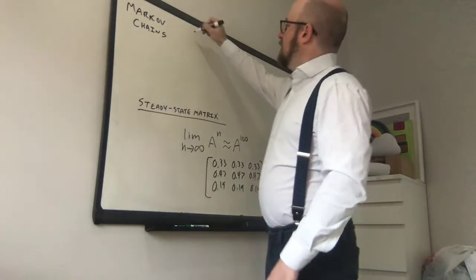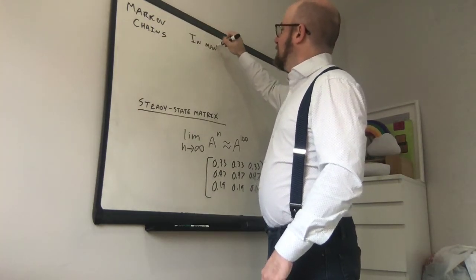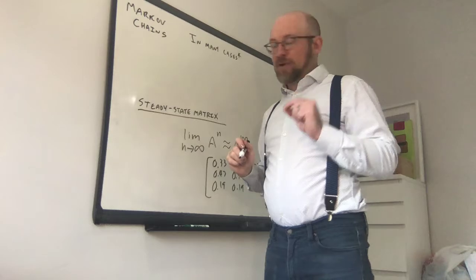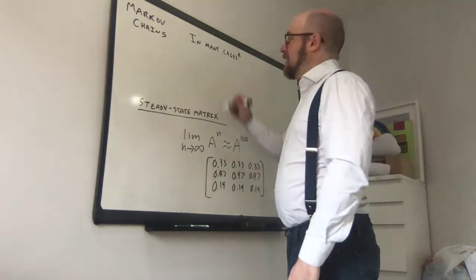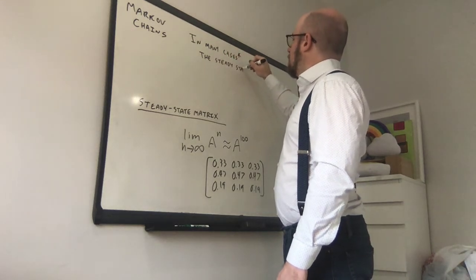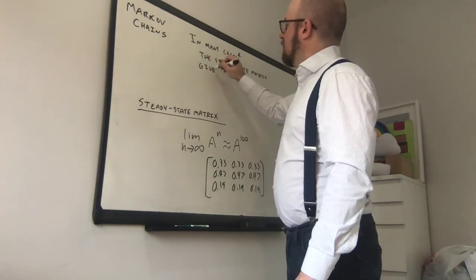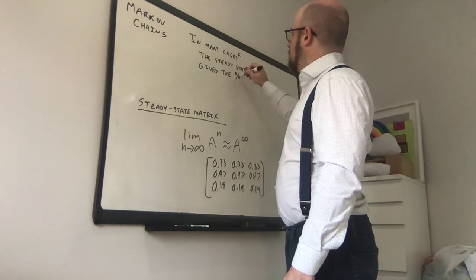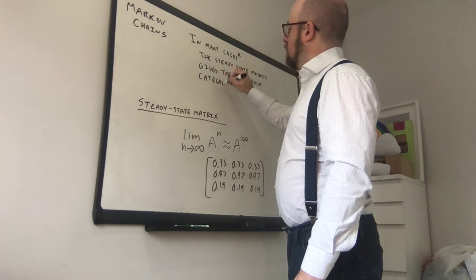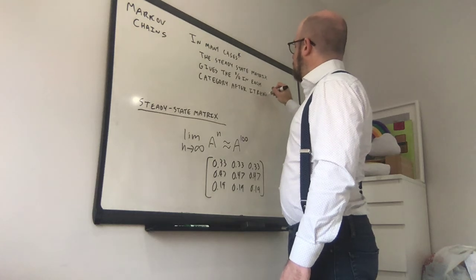So what that tells us is that, in many cases, and I'm going to put a little star here because this isn't going to be true in all cases, and we'll talk about the ones where it's not, the steady state matrix gives the percentage in each category after it reaches a steady state.